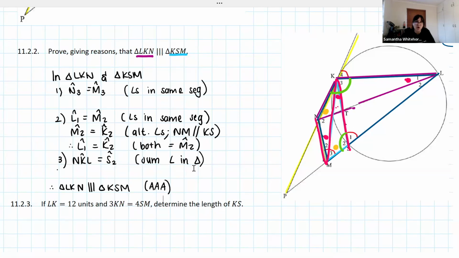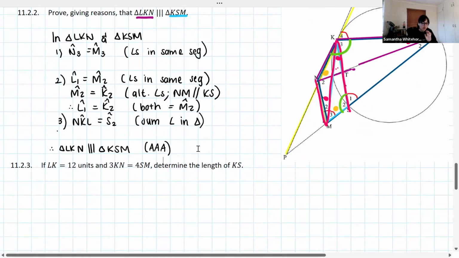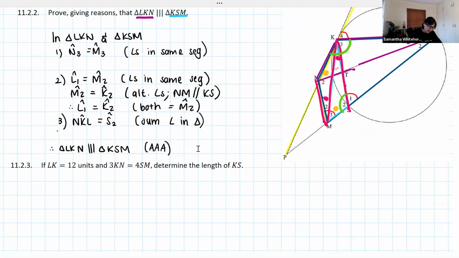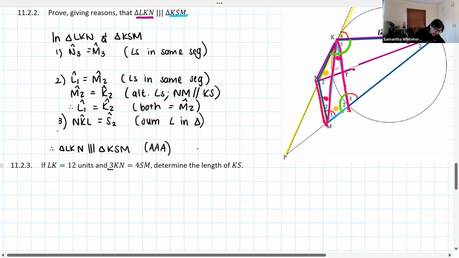Now that you have got the fact that the triangles are similar, we can go a step further and start to work out side lengths. In the next question, it says, if LK, so LK is this here at the top, is 12 units, and 3KN equals 4SM. Now remember, this is a ratio, we can manipulate this.